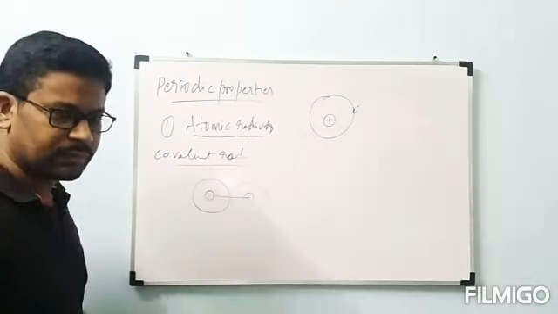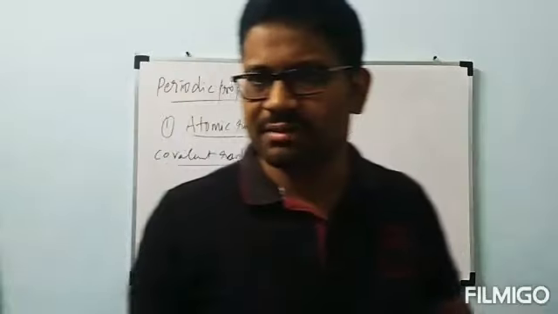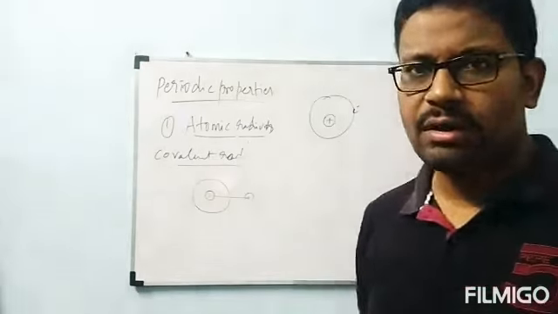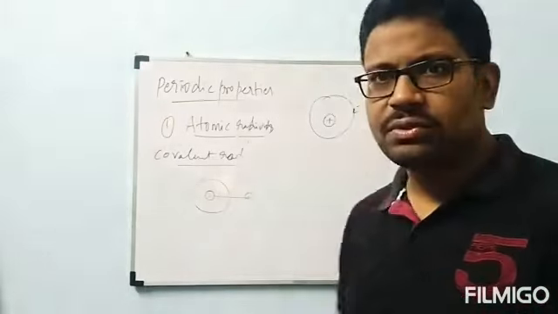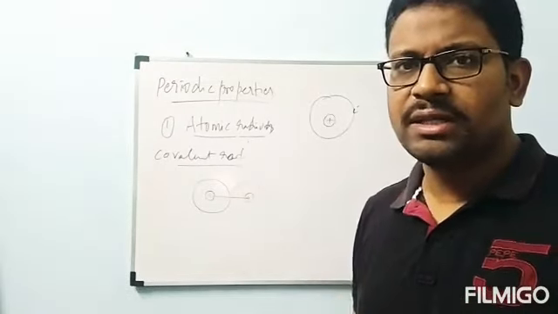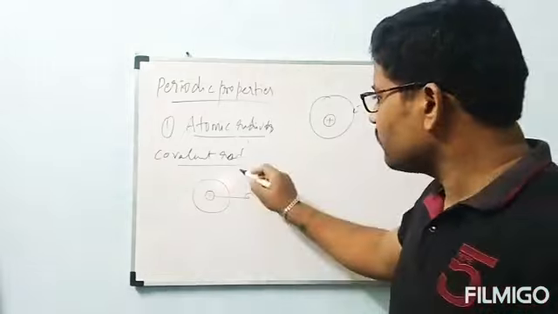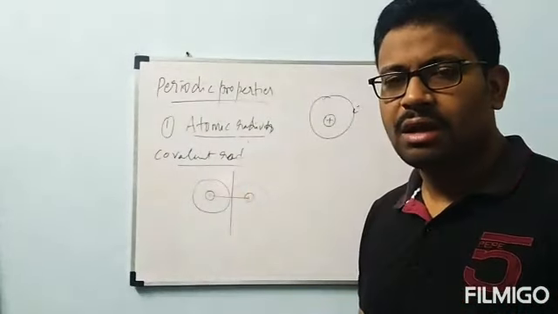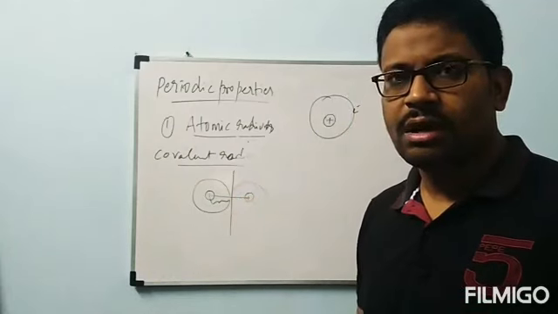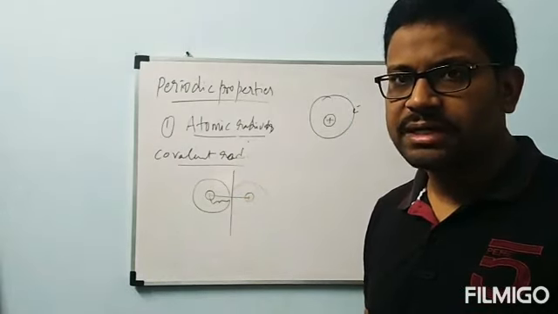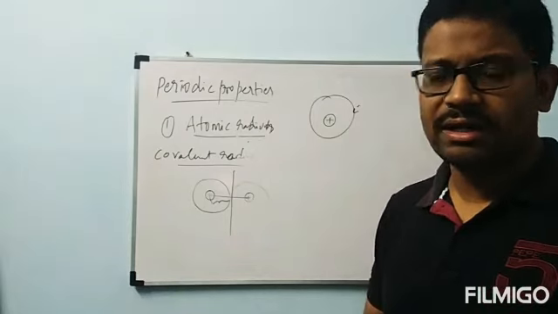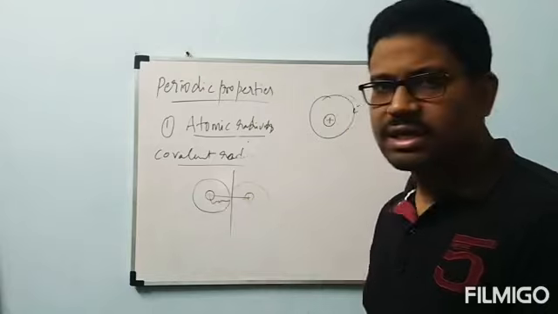These atoms are involved in a bond, and the bond is a covalent bond. We know the bond formed by sharing of electrons is called a covalent bond. The distance between the two nuclei is called the internuclear distance, which is also called bond length in this condition. Half of this bond length is called the atomic radius, but since that atom is involved in a covalent bond, it is called the covalent radius.